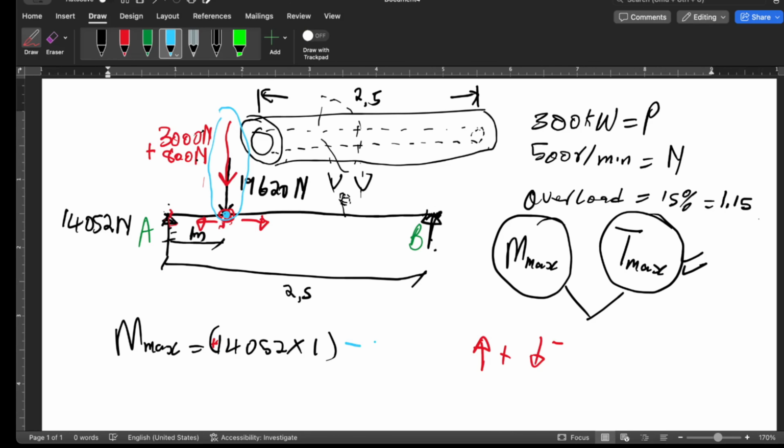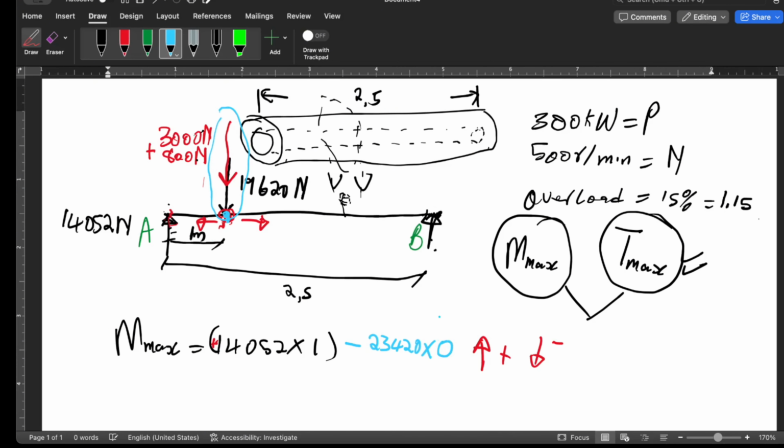What was that force? 23,420, multiplied by how long from here up until to here? It was 0, so we are going to multiply it by 0.